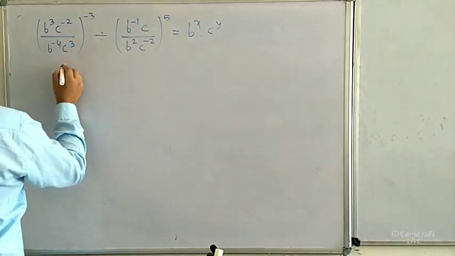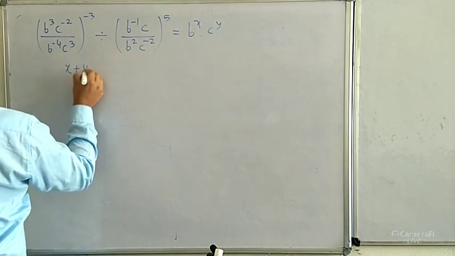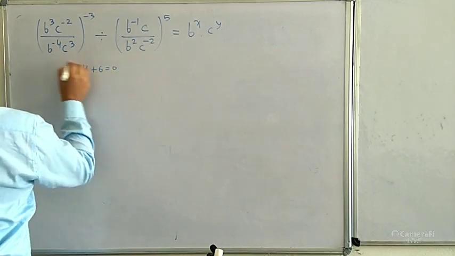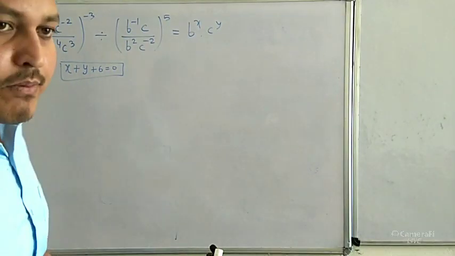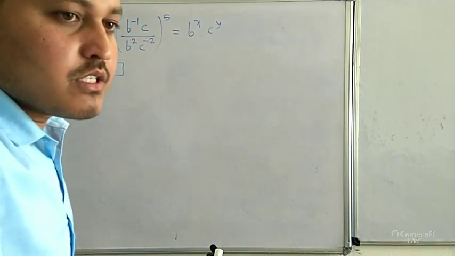To prove that x plus y plus 6 is equal to 0, we have to prove x plus y plus 6 is equal to 0.